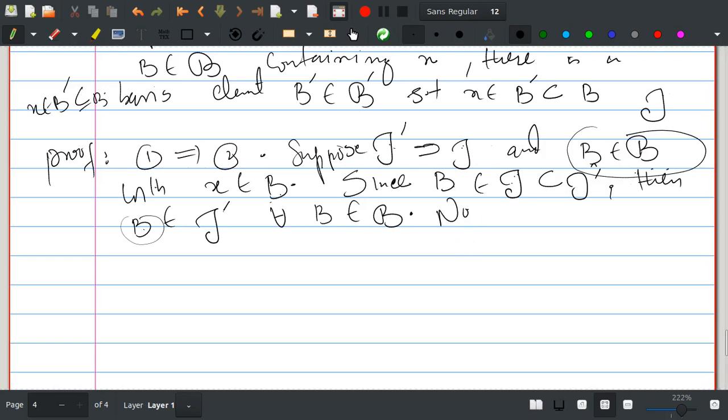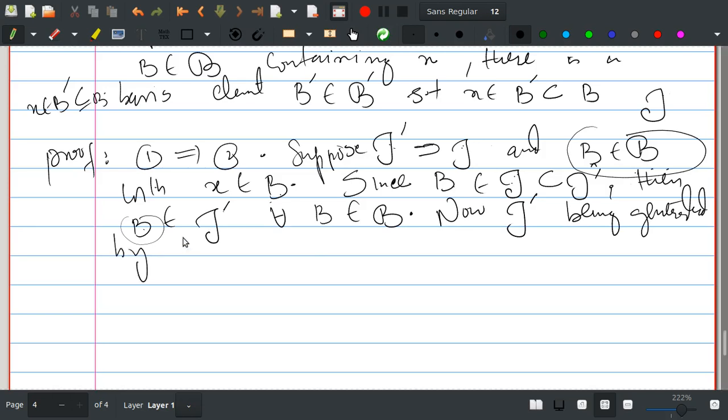So now T prime being generated by B prime, for the open set, since this b is in T prime, therefore this b is an open set with respect to T prime.